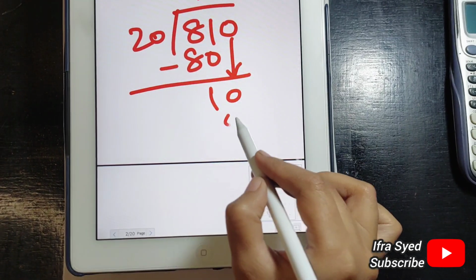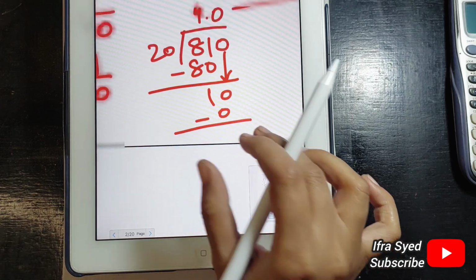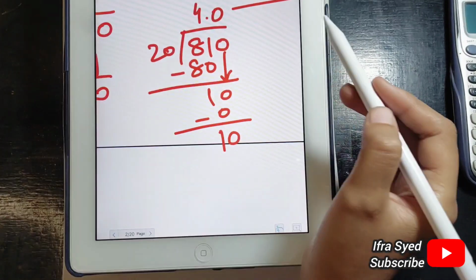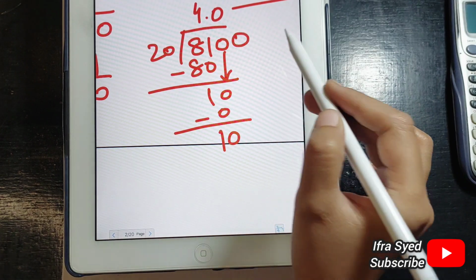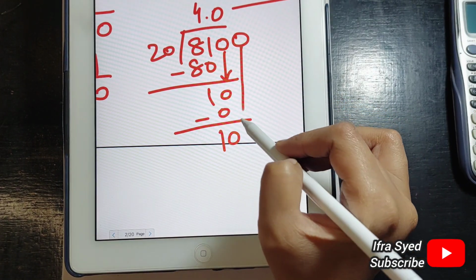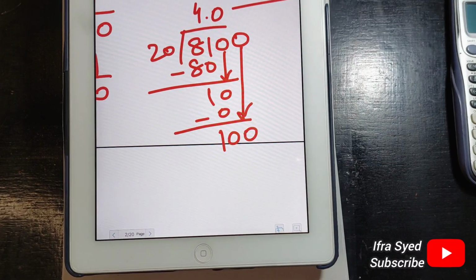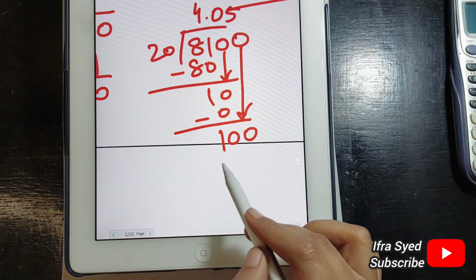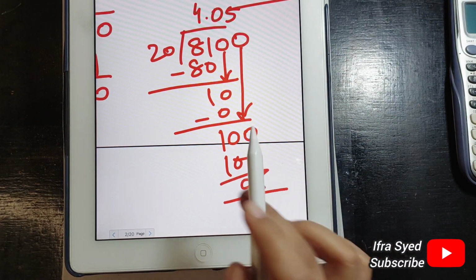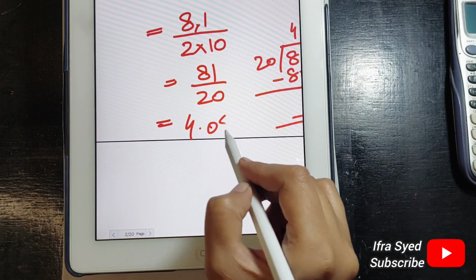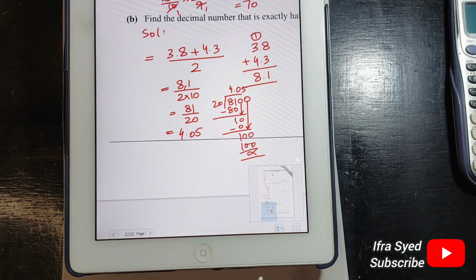So 20 into 0 is equal to 0, and when we subtract 0 from 10, our answer will be equal to 10. And as we placed the decimal point here, we can use another 0 here. Now I'm moving this 0 here. Now I have 100, and 20 into 5 is equal to 100. So our answer will be equal to 4.05. So this is the answer of B part.